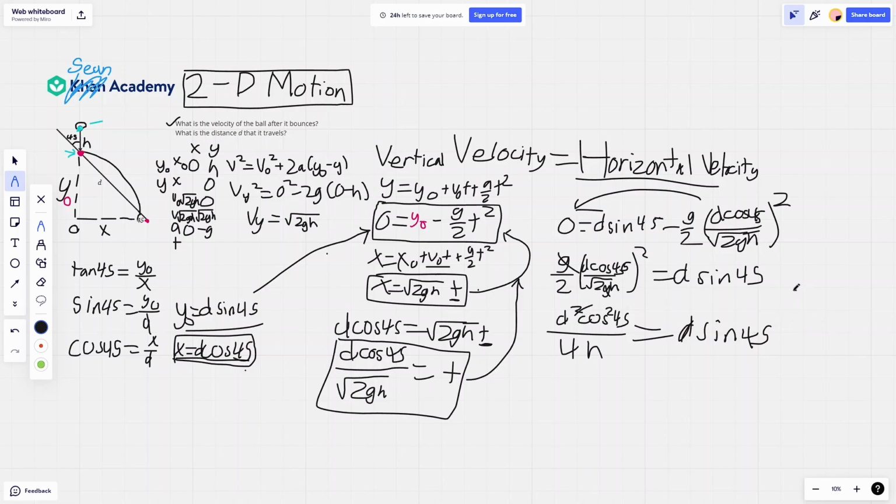And also, sine 45 is equal to the square root of 2 over 2, right? You know that from the unit circle. And also, cosine 45, conveniently, also equals the square root of 2 over 2. So that means we can actually cancel out the sine 45 and one of the cosine 45s. So now we have d cosine 45 divided by 4h is equal to 1, right? Because we canceled all this out.